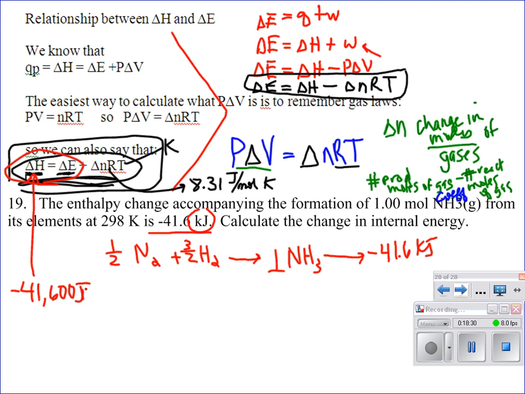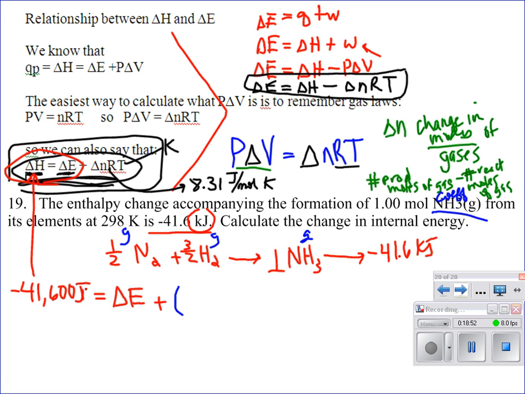Is equal to, I'm solving for the internal energy, plus, now let's look at this delta N. How many moles, and these are all gases, because it tells you ammonia is a gas, and you already know that at 298, at room temperature, nitrogen and hydrogen are gases.